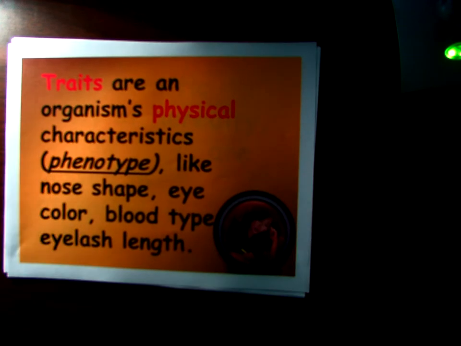Traits are an organism's physical characteristics. And the word that we're going to need you to know is phenotype. Phenotype is the physical characteristic of an organism, like the nose shape, the eye color, the blood type, eyelash length.